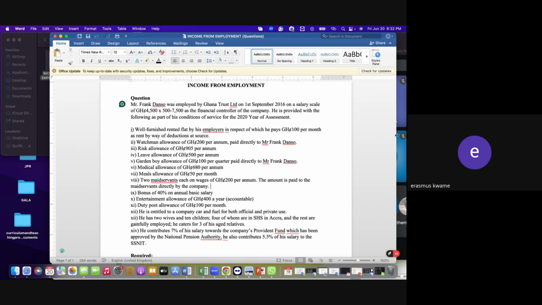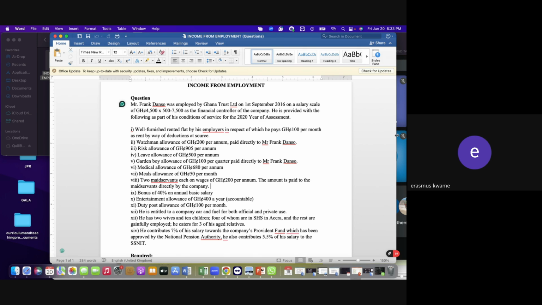Leave allowance of 500 Ghana cedis per annum. 5. Garden boy allowance of 100 Ghana cedis per quarter paid directly to Mr. Frank. 6. Medical allowance of 680 Ghana cedis per annum. 7. Meals allowance of 50 Ghana cedis per month.